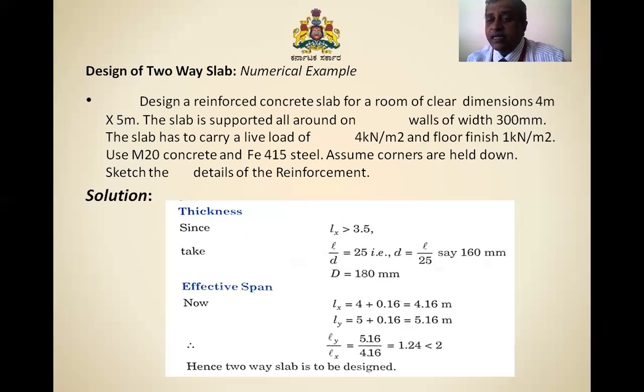But here it is a non-restrained slab, meaning it is a simply supported slab. But the corners are held down. Held down means it comes in table number 26. All the details, the moment coefficients, should come from table number 26 only. This is the first thing. From the problem we need to understand in which category the slab comes.